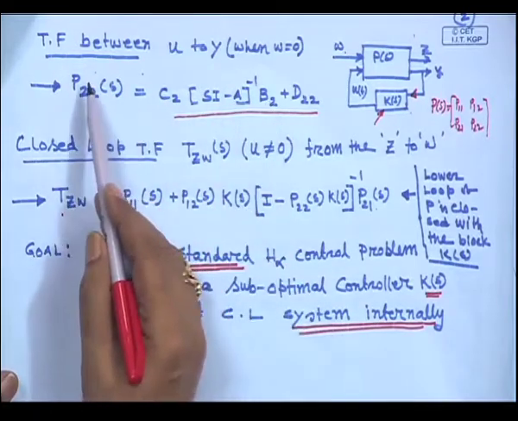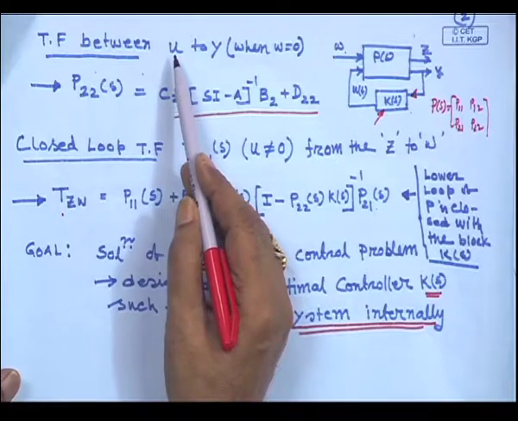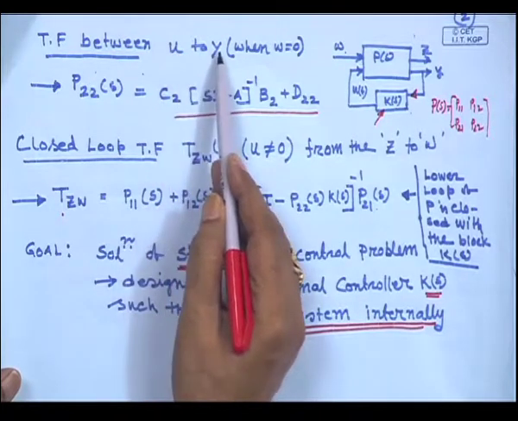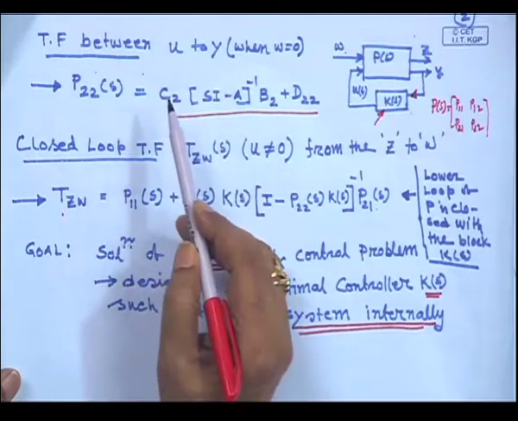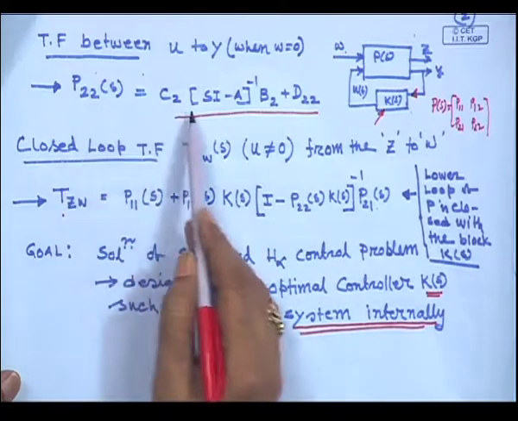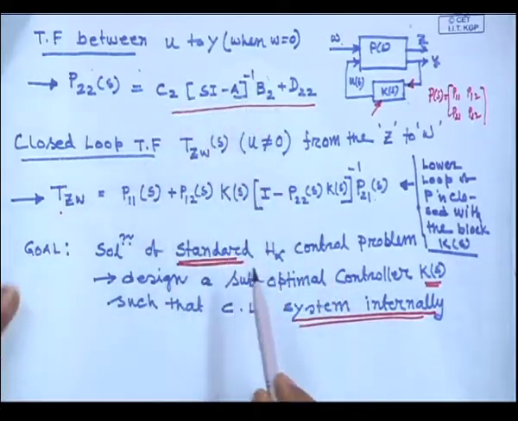So P22, the transfer function between U and Y, will be a strictly proper transfer function.